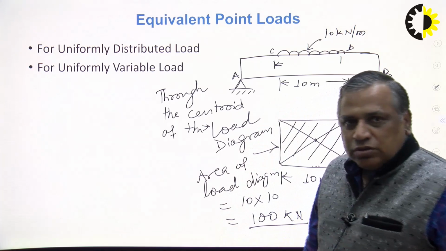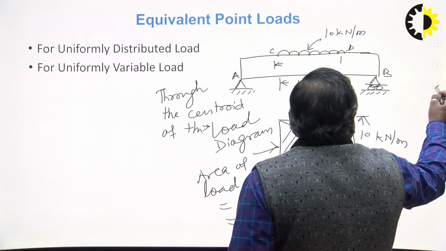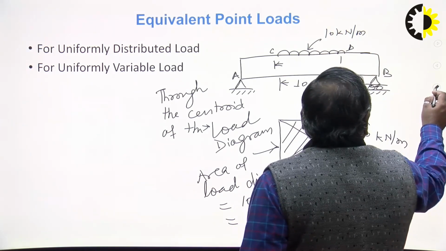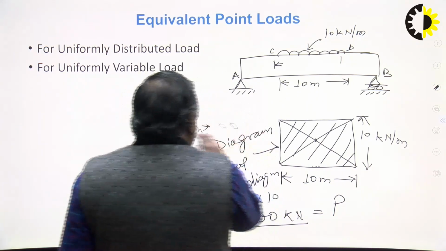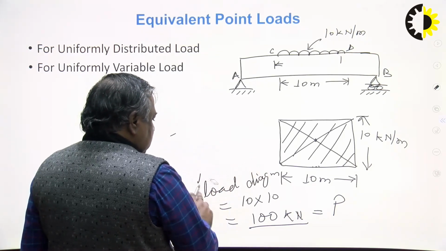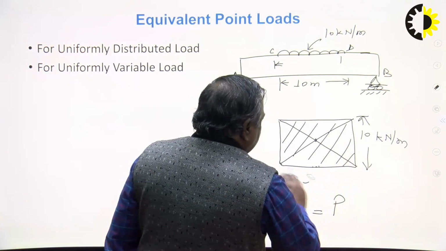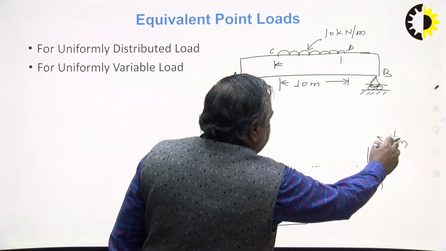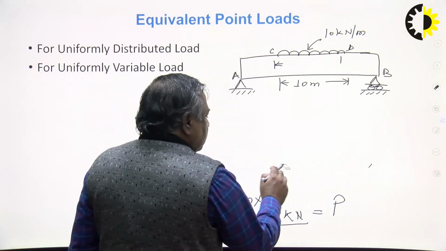So now I can draw the free body diagram of this beam. Right, it is clear. The magnitude of the point load is 100 kilonewton, and it will pass through 5 meters from point C rightward, 5 meters from point D leftward.